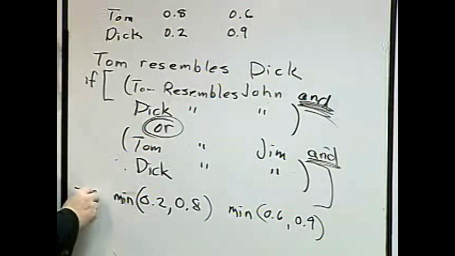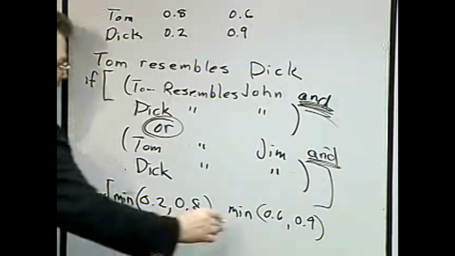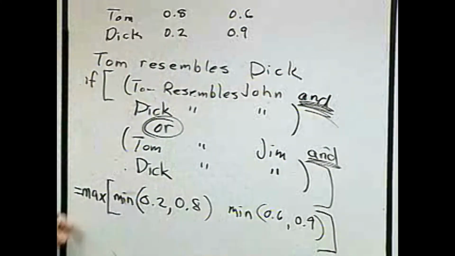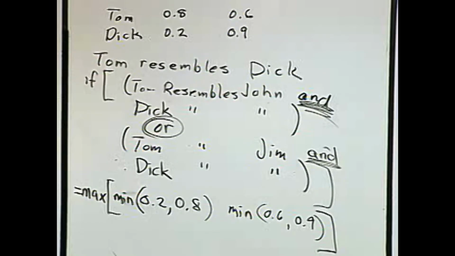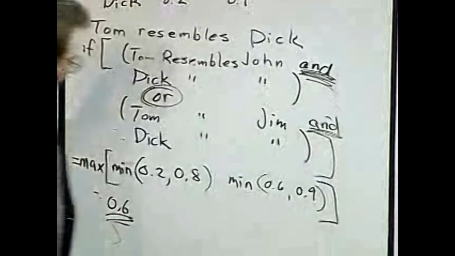So here we have a maximum operation upon these. So the degree to which Tom resembles Dick, interpreted from these fuzzy membership functions and our fuzzy logic using Zadeh logic, is given by this result, which is 0.6, right? That is the resemblance between the two.